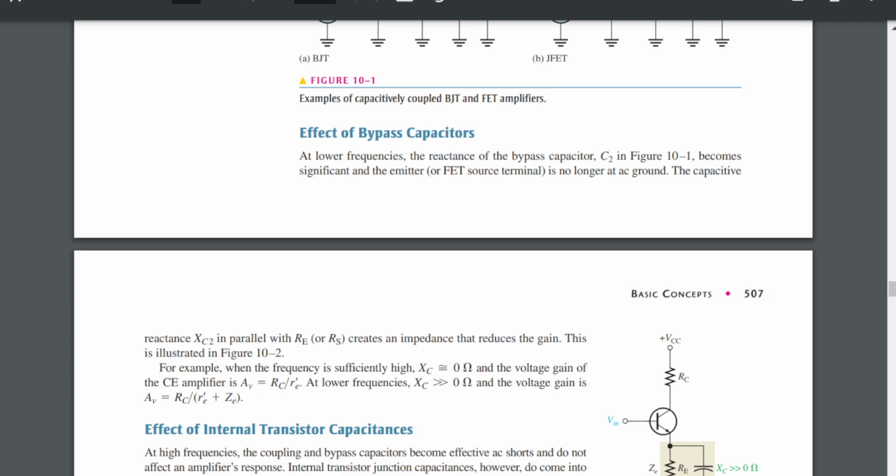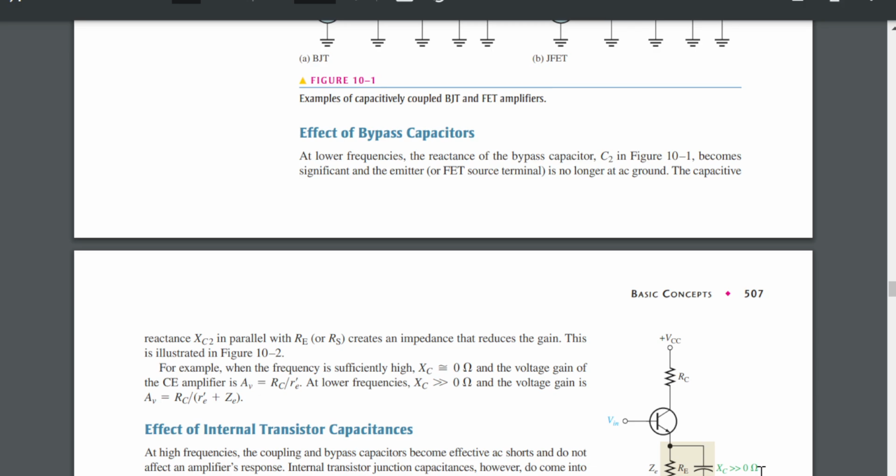We have to see the effect on voltage gain at high or low frequency. Now there is an example when the capacitive reactance is approximately equal to 0.